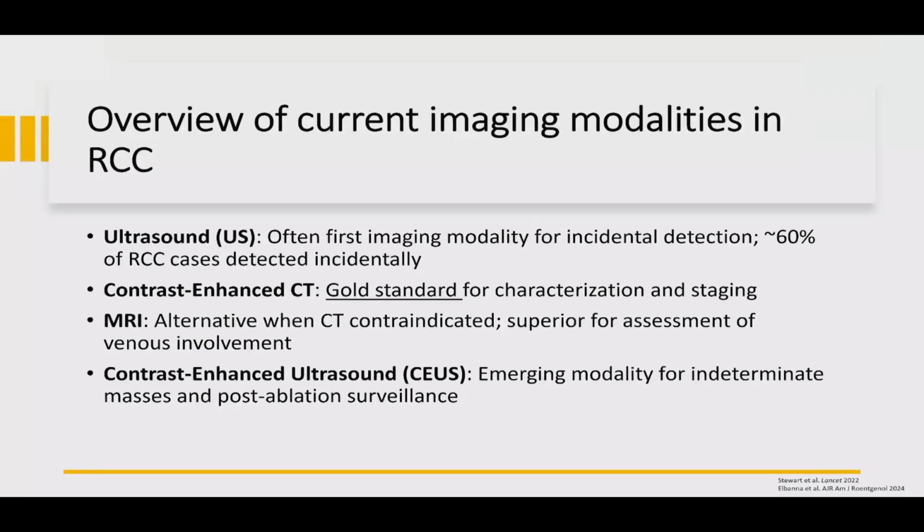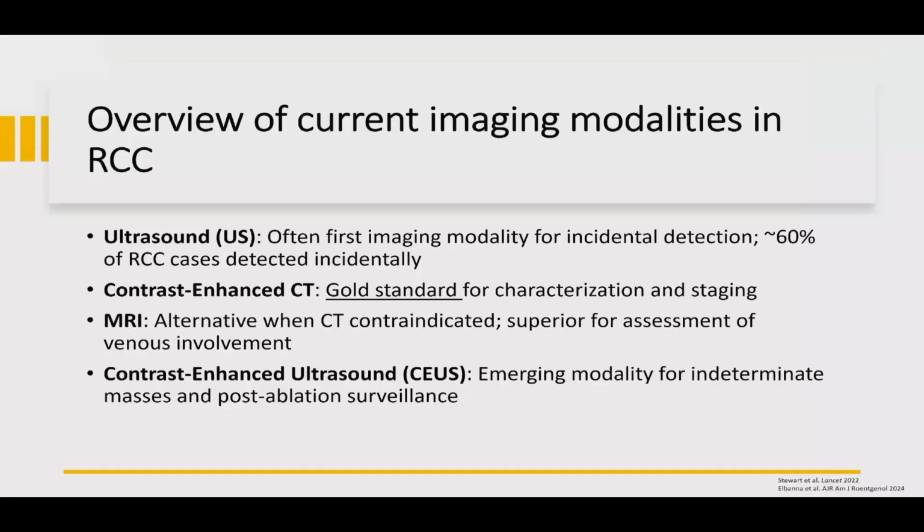The first part of this talk is going to focus on the currently available imaging modalities in the diagnosis of RCC. Ultrasound is oftentimes the first imaging modality that patients have done, and it diagnoses about 60% of incidentally found renal masses. Contrast-enhanced CT is the gold standard used for characterization of renal masses, but also for staging.